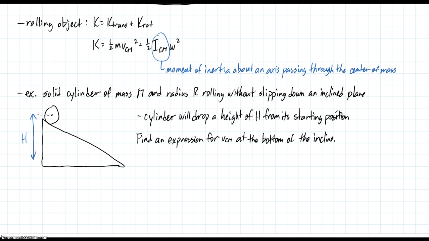So this would be a conservation of mechanical energy problem, just like we dealt with earlier in the year. The sum of the kinetic and potential energies at the top of the incline equals the sum of the kinetic and potential energies at the bottom of the incline.